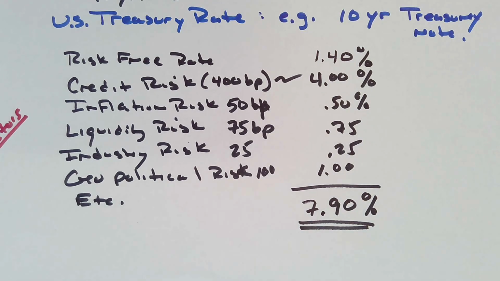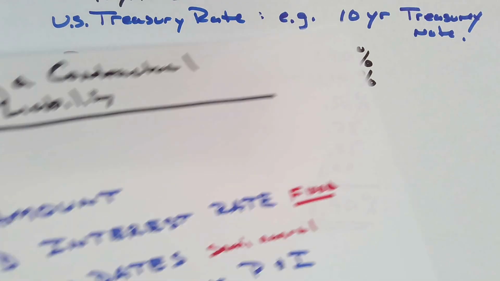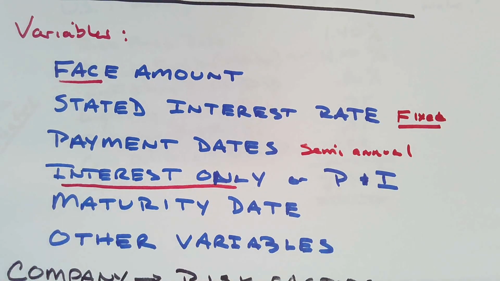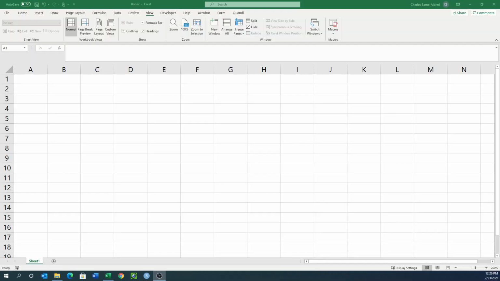So let's see if we can come up with a way of modeling how much cash we might get. Here we've got an Excel spreadsheet, and we're going to create a little template on how to calculate the present value, or how much cash I should get given a 7.9% market rate, or what the investing public wants.